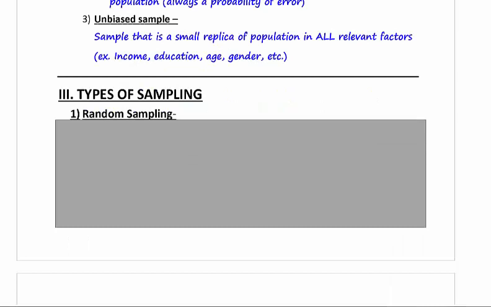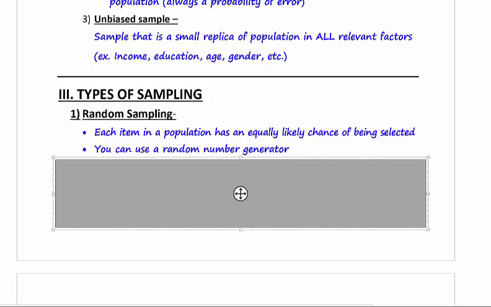Next we're going to go to the types of sampling. There are going to be 5 different types of sampling. For those 5 types, you're going to need to know the names and how to distinguish between each type. The first one is our best sample. It's called random sampling.